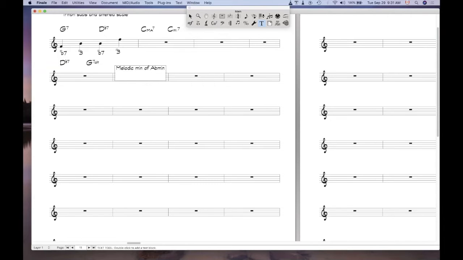For D flat 7, we're using the 4th mode of A flat melodic minor. That's called the Lydian dominant. And for G altered, we're using the 7th mode of A flat minor, and we call that one the altered scale.